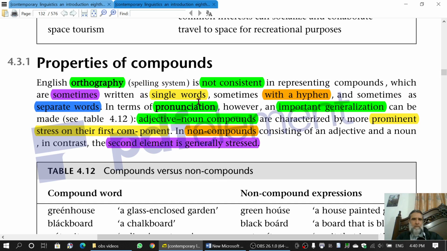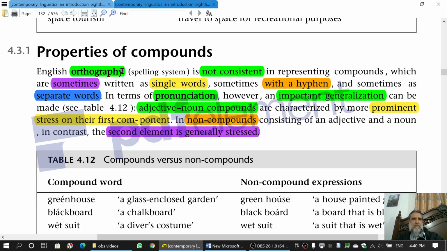It is so because compounds are not consistently written with one form of spelling system. It is rather written with three different forms. Sometimes they are written as single words. Sometimes they are written with a hyphen in between, and sometimes they are written as separate words. So therefore we say that the orthography or the spelling system of compounds is not consistent.